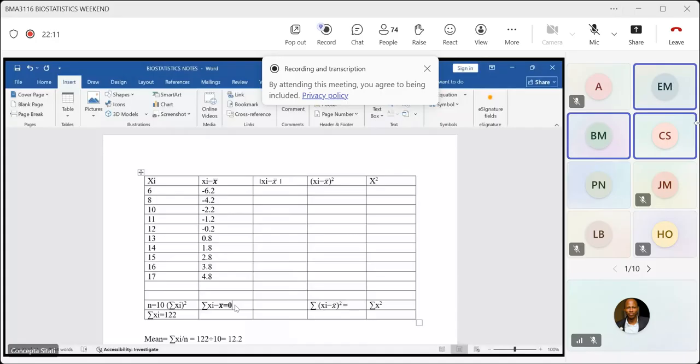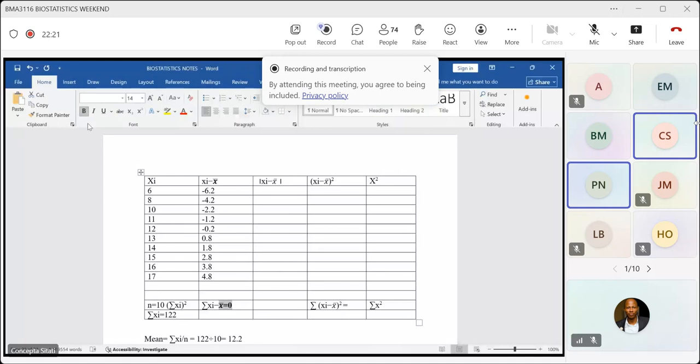Now, we would like to remove the signs from our set of data. When we remove the signs, we are making that set of data absolute.